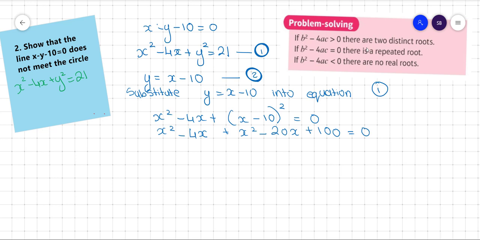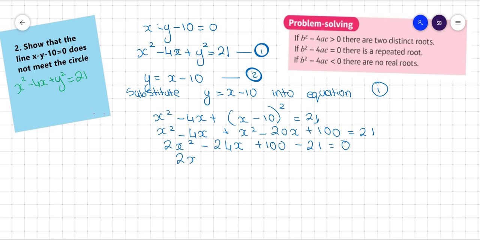Now take the like terms, x squared plus x squared is 2x squared, minus 4x minus 20x is minus 24x, plus 100, bring the 21 to this side, minus 21 is equal to 0.